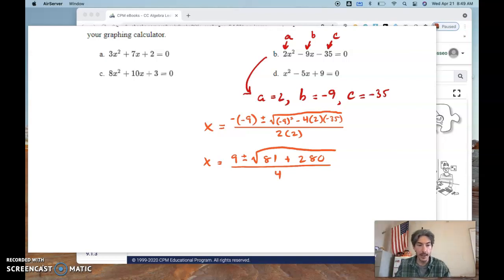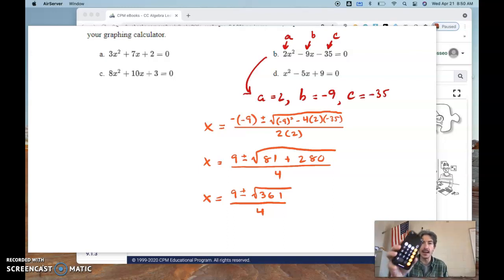All right, we're getting pretty close to being done here. X equals, carrying my work over, 9 plus or minus the square root of, I need to ask myself, what's 81 and 280? And this ends up being 361 divided by 4. On the last one, I did not turn this into a radical, so I'm going to do that on this one.